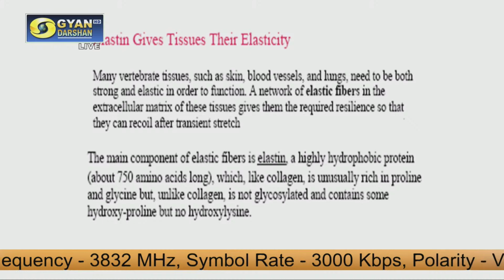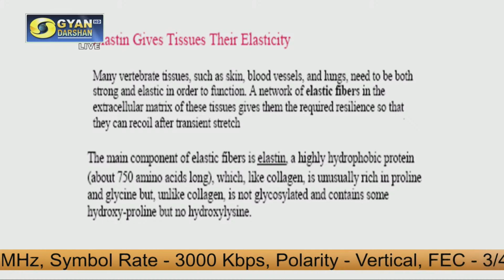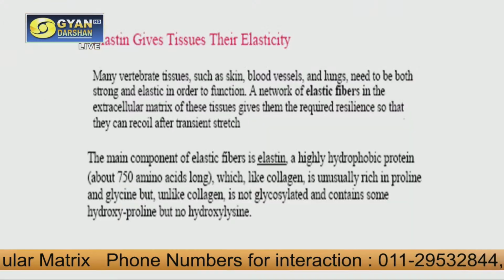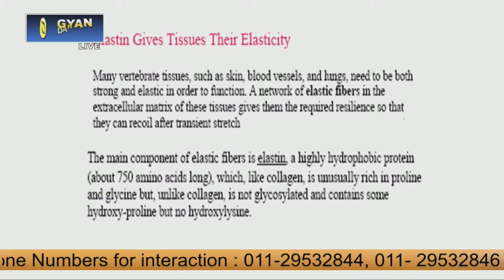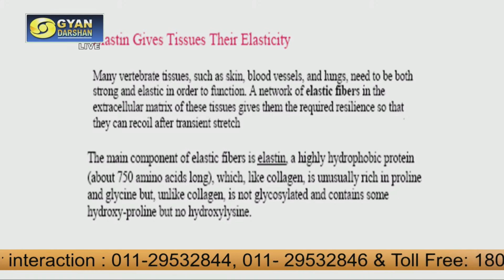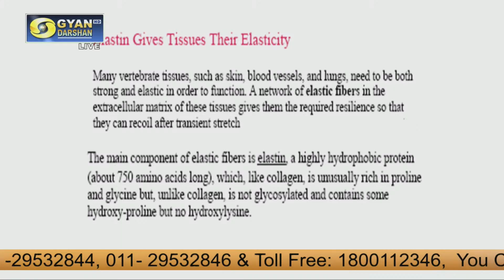Now, when we studied the collagen molecule, we discussed that they have proline, hydroxyproline and glycine, and another thing you should note is that they may also have hydroxylysine. But in case of elastin, if somebody asks you what is the difference between elastin and collagen, what is the similarity?